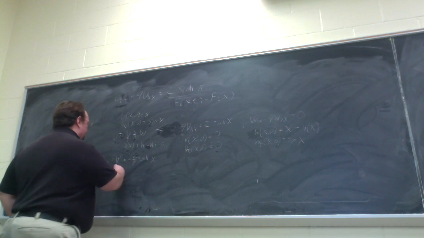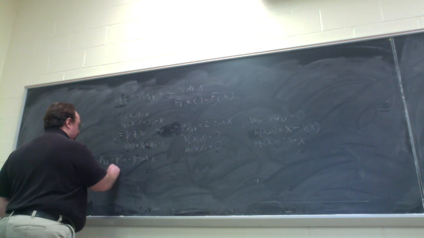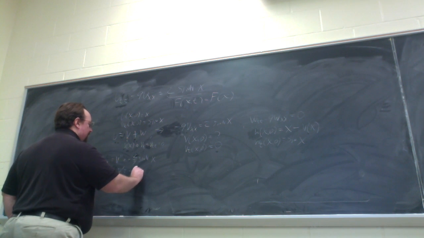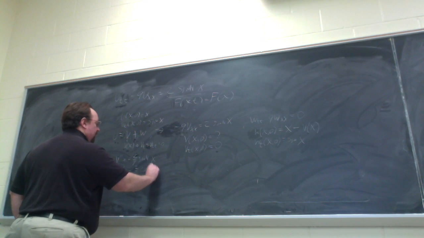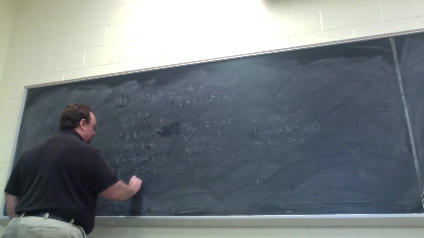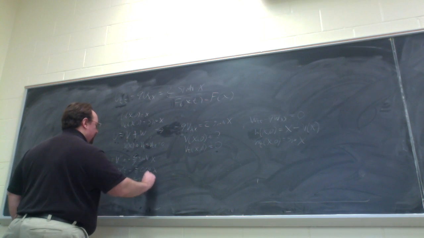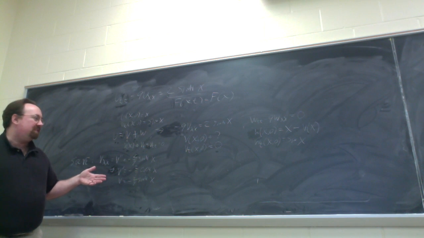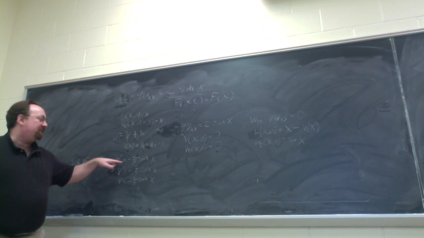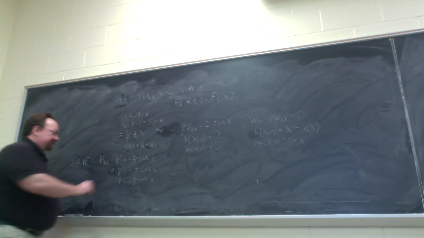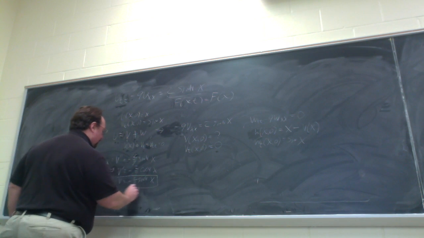So v prime is minus 2/9 cosh, and v will be minus 2/9 sinh. And like I said, there's no need to add on plus c's because you just need any function that satisfies this differential equation. So that takes care of v.